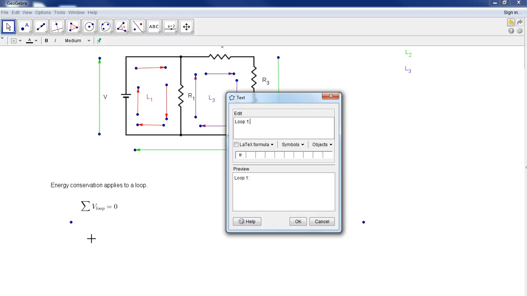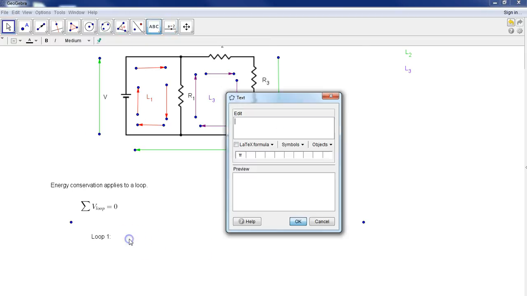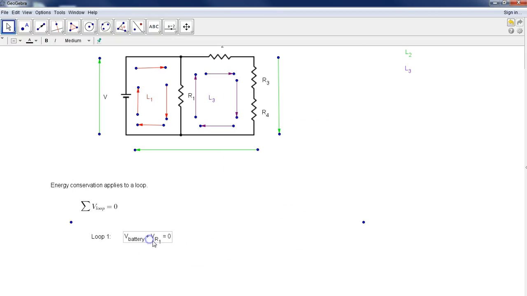So for loop 1, what we could say we have is the voltage for the battery plus the voltage for the resistor, we'll call it R1, equals 0. And we can make this equation for each one of the loops, and let's go ahead and do that.